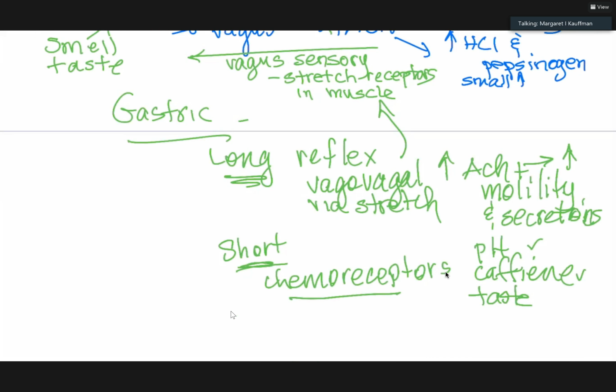And generally speaking, stretch receptors act through ACH and therefore have to act through long reflexes, vagovagal reflexes, versus chemoreceptors and mechanoreceptors, I think they mentioned that too, but we'll just talk about the chemo. They're acting mostly through short reflexes. Now, that doesn't mean they don't increase ACH, but they don't do it by going out of the digestive tract. They're doing it through the ganglia. So you're going to see all of this increase ACH.